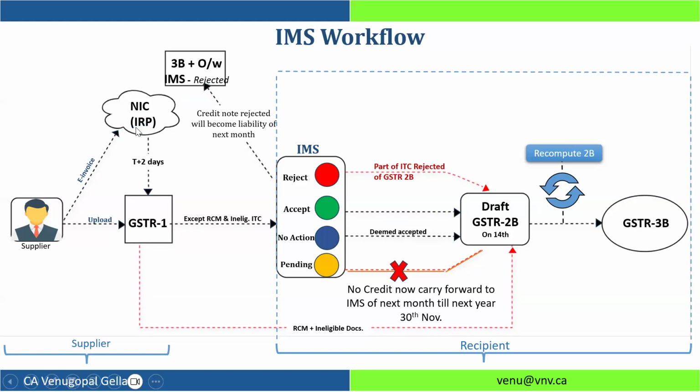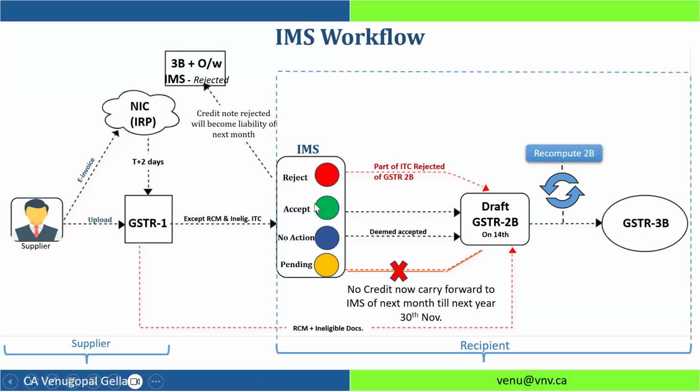From the invoice reporting portal, it will flow to my GSTR1 after 2 days, that means T plus 2 days. Or else, if my supplier saved the invoice record in GSTR1, as and when it reaches the GSTR1, it will transmit to my IMS, the invoice management system. You can see here, from supply it is going to the IRP, from IRP to the supplier GSTR1, and from supplier GSTR1 it is flowing to the recipient IMS.